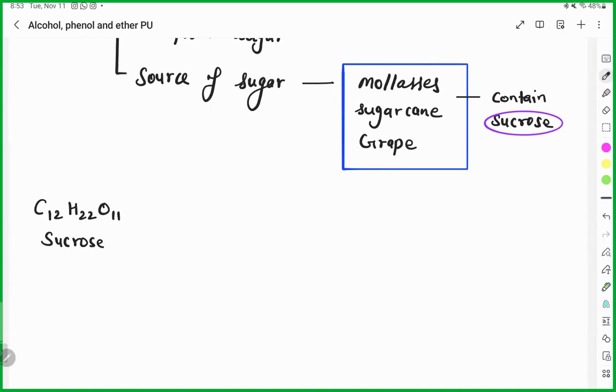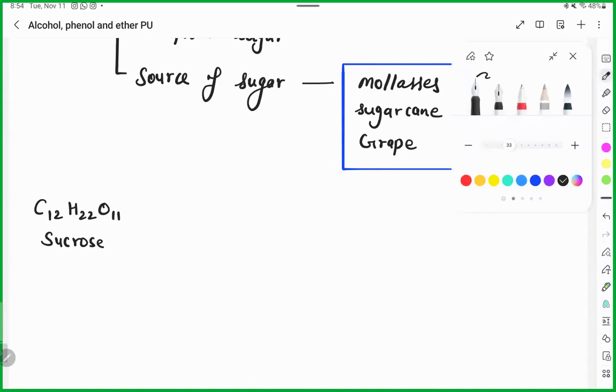Same. Lactose? Same. All three are disaccharides, which we have in biomolecules. Disaccharide means 12 carbon atoms, because it can form two glucose-like molecules.